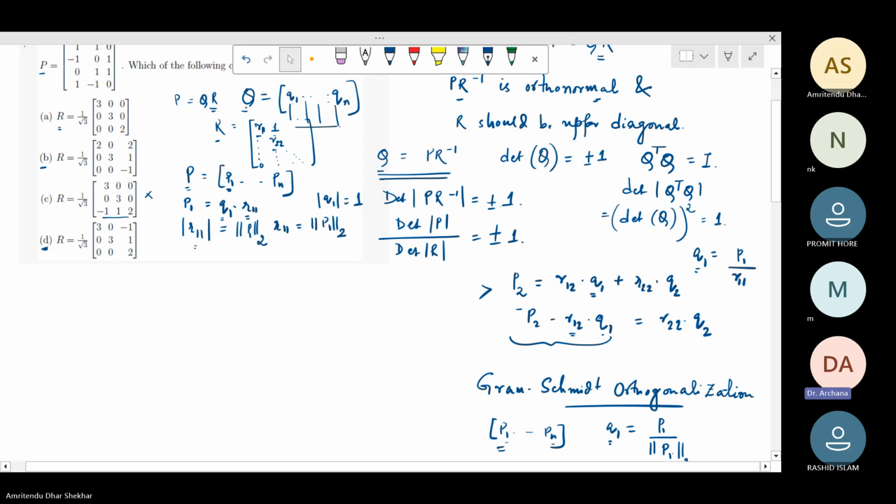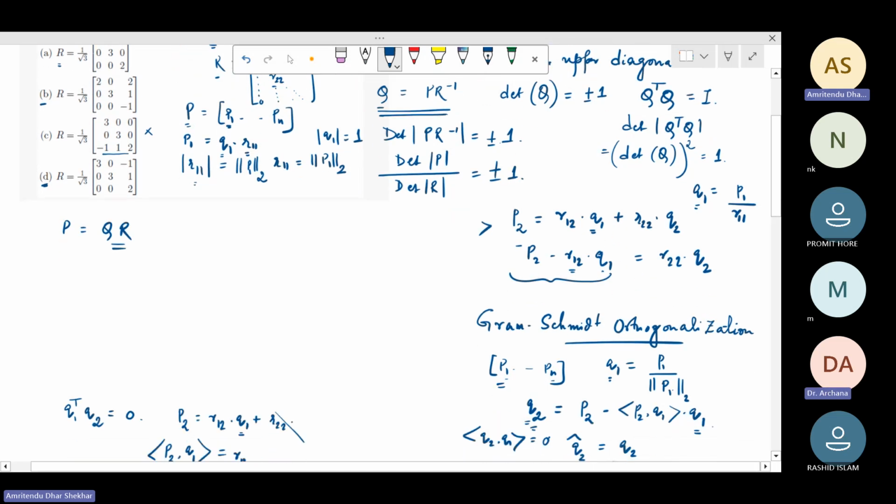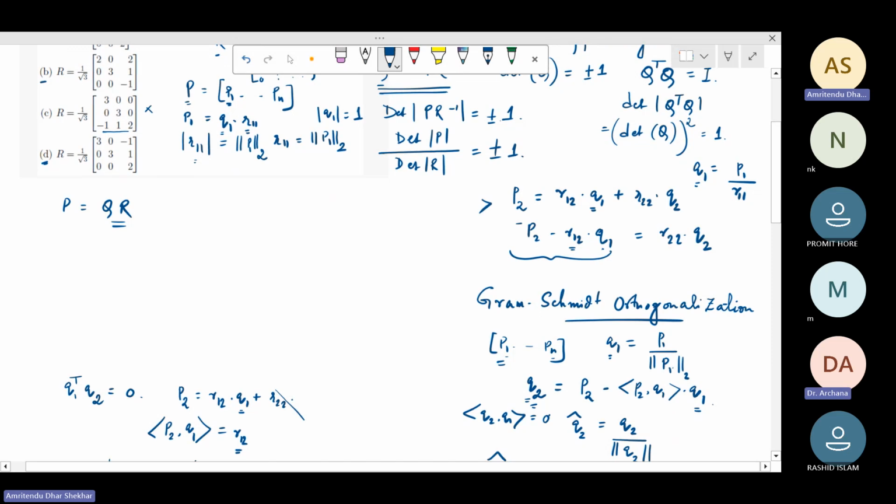Okay, so we are computing this P equals Q R, and R is an upper triangular matrix. R looks something like this. Q is an orthogonal matrix.